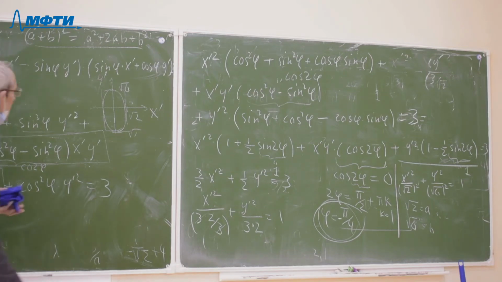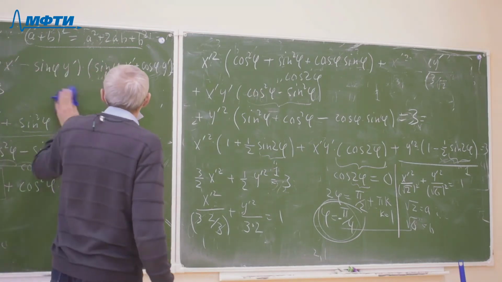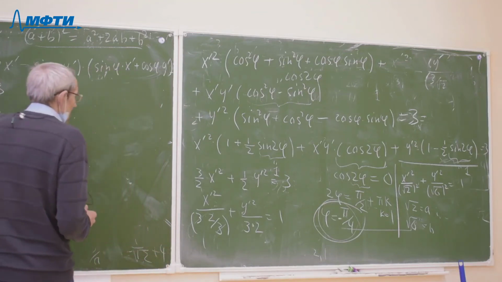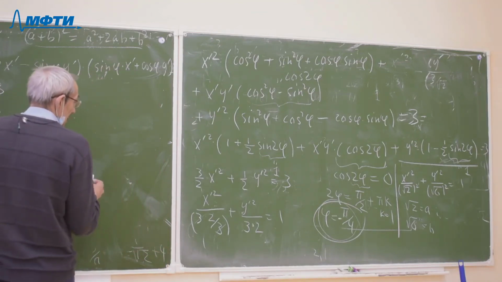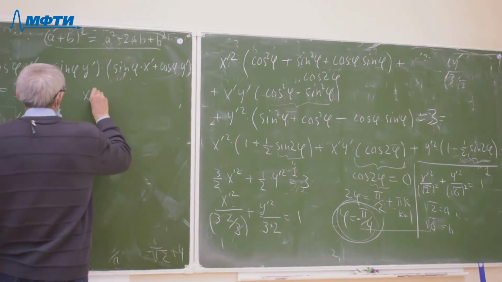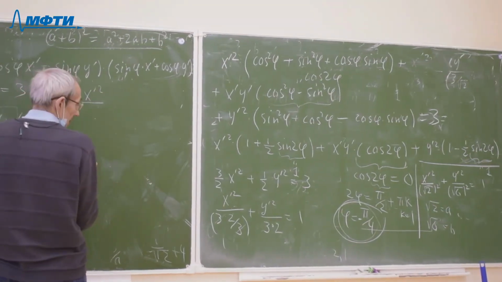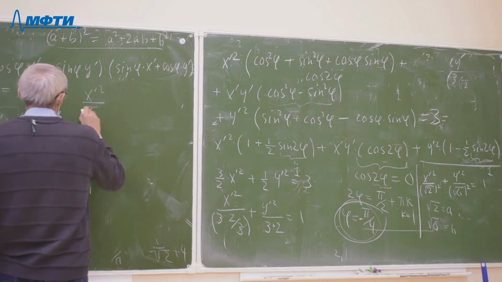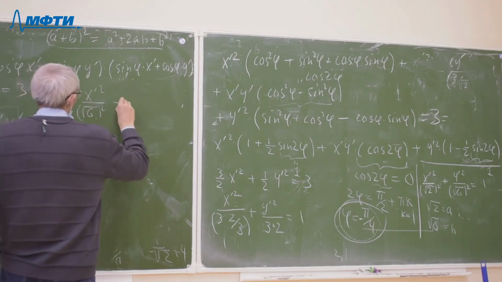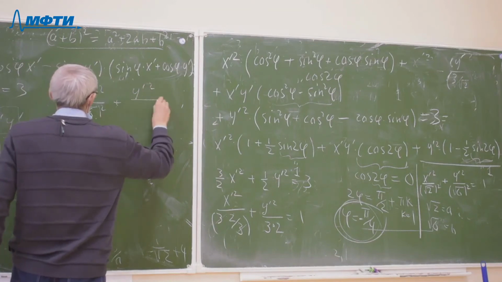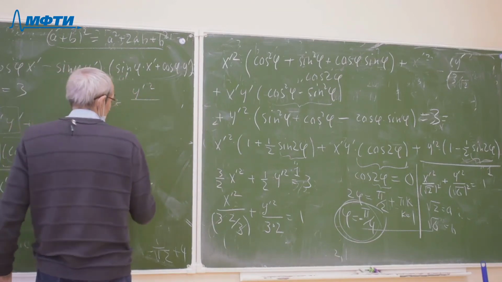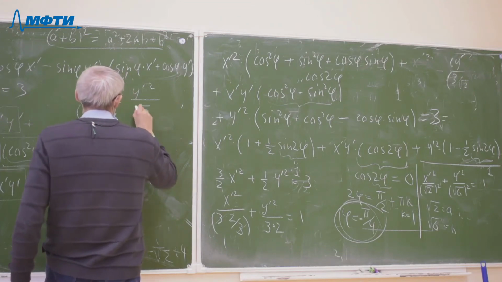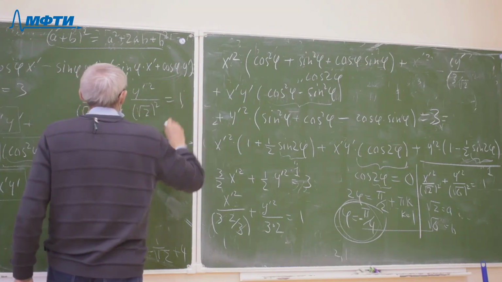And the final formula for the canonical equation is the following: x prime squared over root 6 squared plus y prime squared over root 2 squared is equal 1.